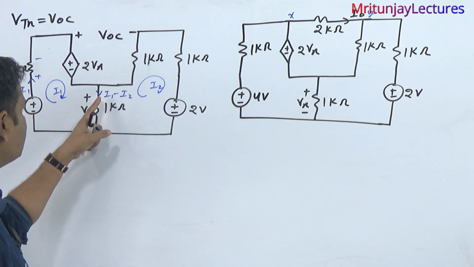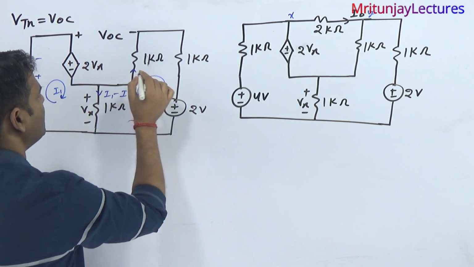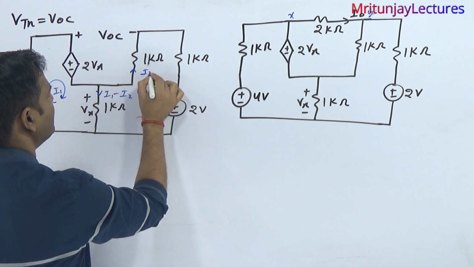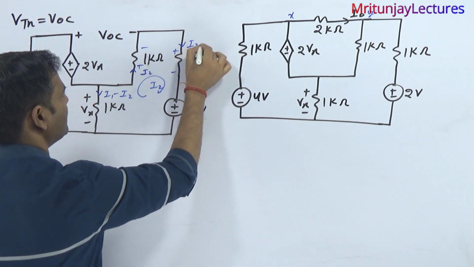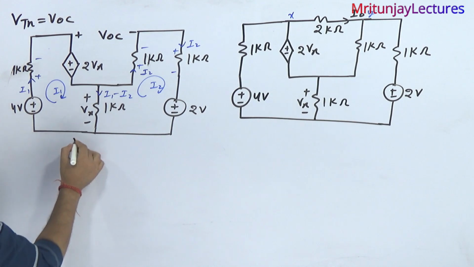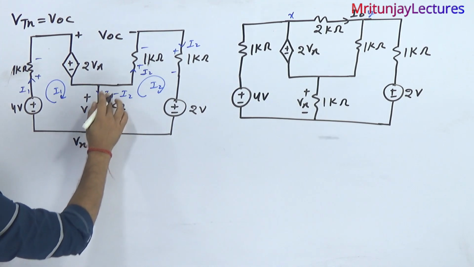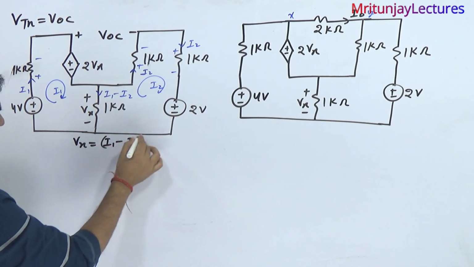So what about the branch current? I1 minus I2. Here I2 plus minus, so plus minus I2. Apply KVL in this loop. What about Vx? Vx is also written as 1 into I1 minus I2, basically I1 minus I2.